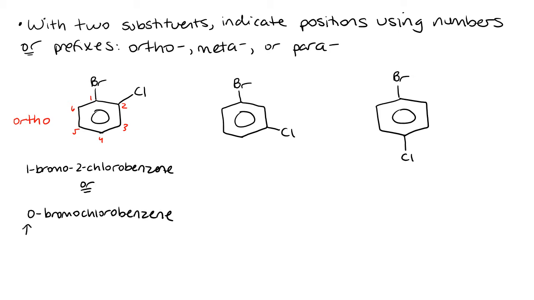So this o means ortho, and ortho means that our two substituents are on carbons 1 and 2. Next, we have an example where the two substituents are separated by 1 carbon. So again, we can number our carbons, giving bromine carbon number 1. Now, when two groups are on carbons 1 and 3, they are meta to one another.